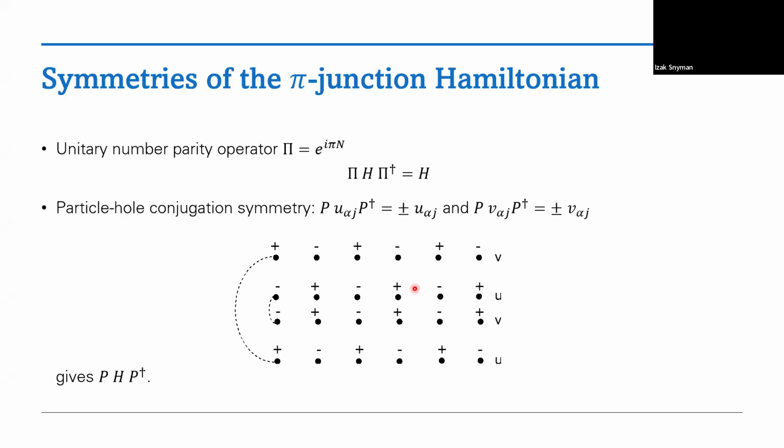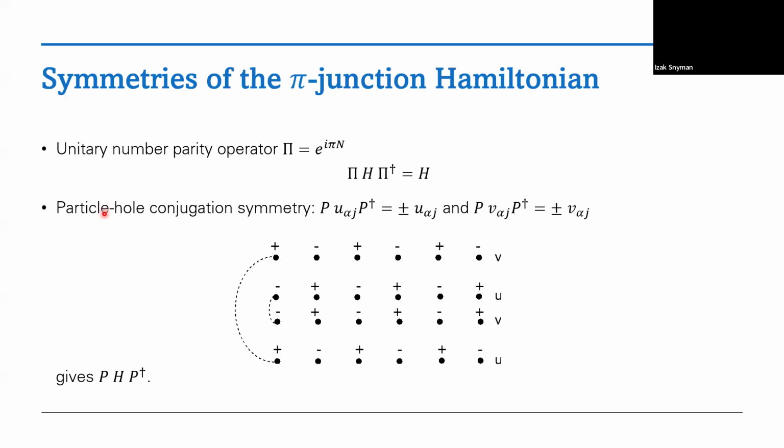Okay, so we need to briefly talk about the states of the system. The Hamiltonian has a fermion number parity symmetry, so the total number is not conserved, but the parity, even or odd, is conserved.